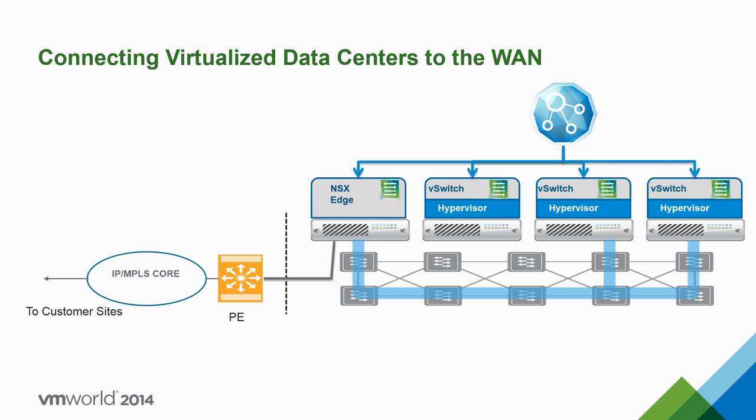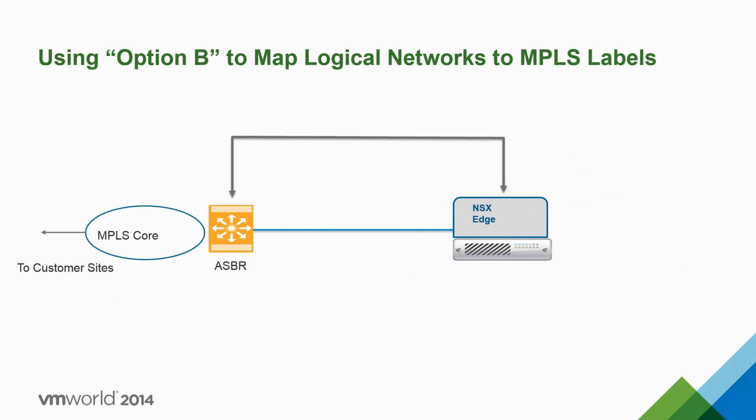So we're basically going to use MPLS as a way of stretching or connecting virtual networks between 2 data centers. The idea is that we treat the boundary between 2 data centers as an inter-autonomous system boundary, and we advertise virtual networks using standard MPLS inter-AS techniques.